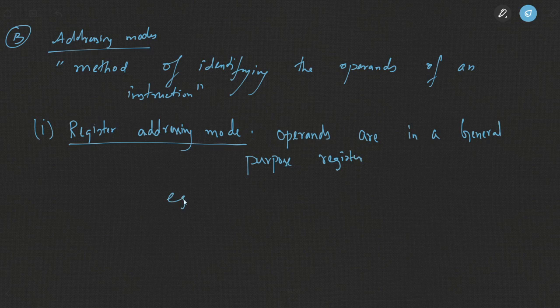For example, that we have simply done here, MOV A, B. Here the operands that are actually associated with this instruction, that's A and B, these are general purpose registers of the microprocessor, and these are the operands in this case, fine. And most of the times, usually such instructions are single byte.